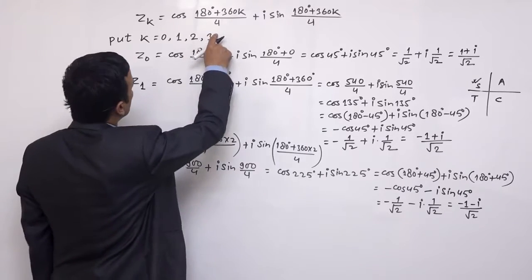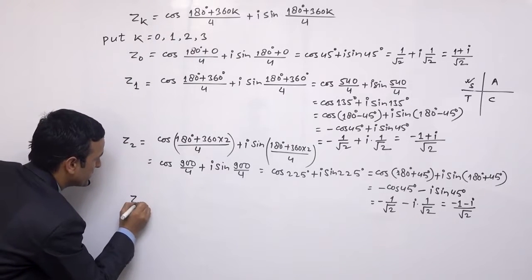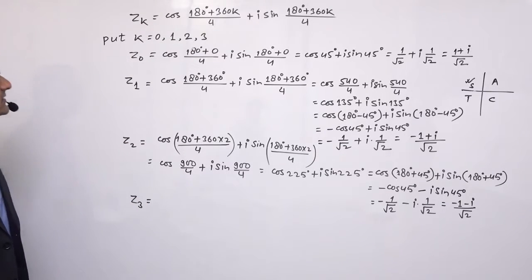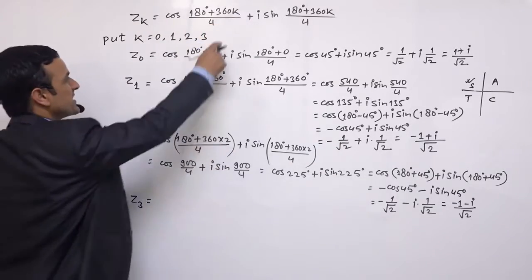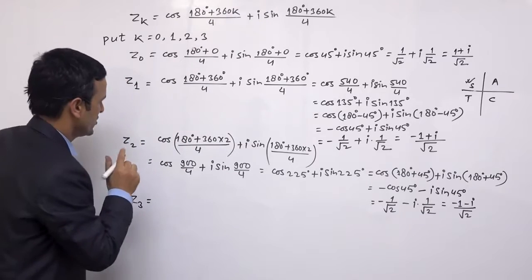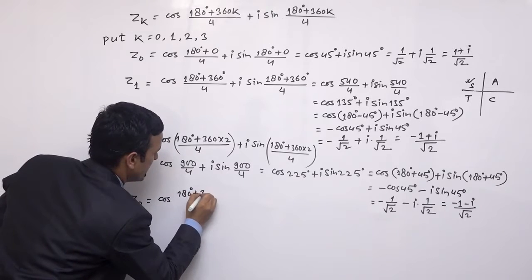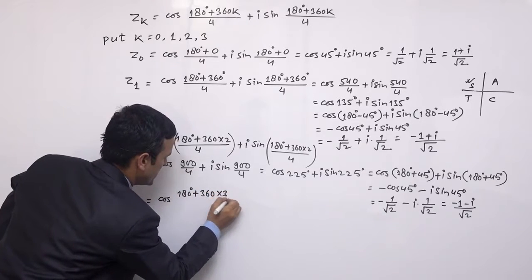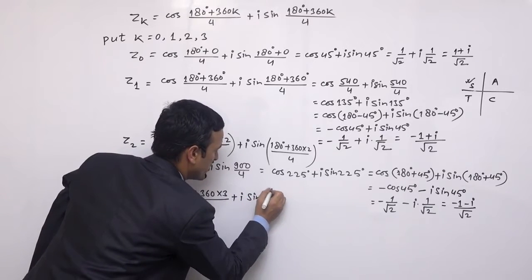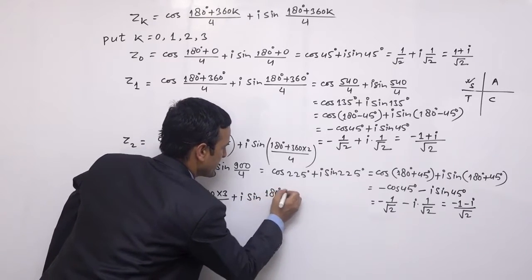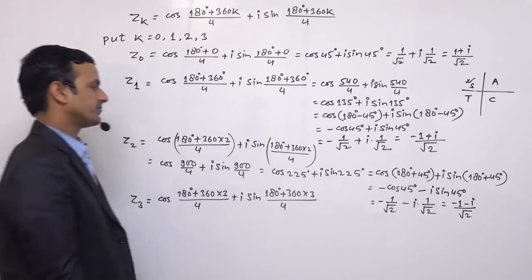Similarly, if you put the value of k as 3 over there, then it will be another solution, z3. Let's put here the value of k replaced by 3. So cos 180 plus 360 into 3 divided by 4, and similarly i sine 180 plus 360 into 3 divided by 4.